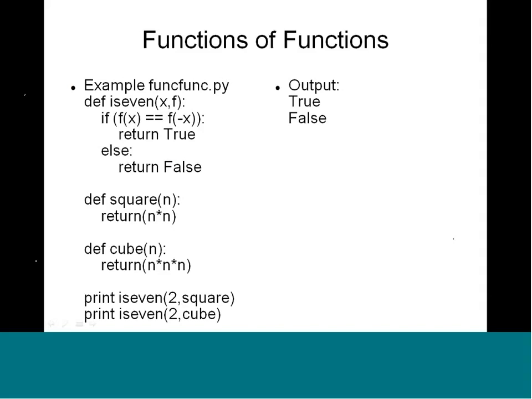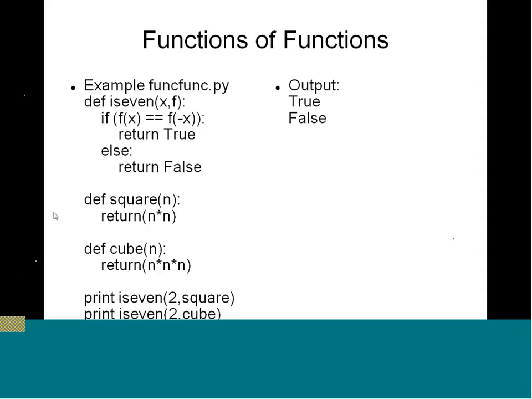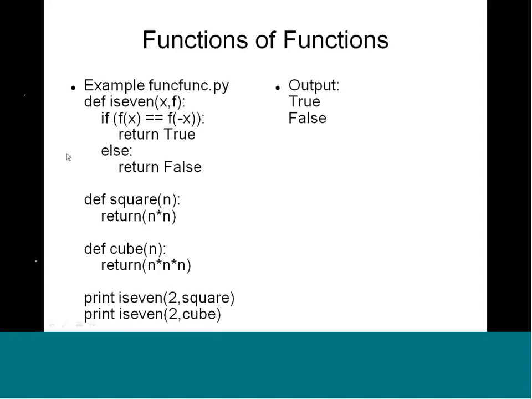Now, function of a function essentially. So here is_even is a function which has x and f, and then we do a test: if x is the same as f of minus x, then we return true, else we return false.